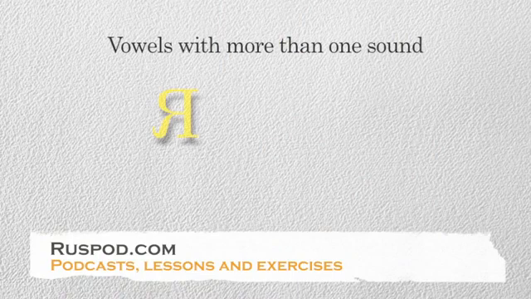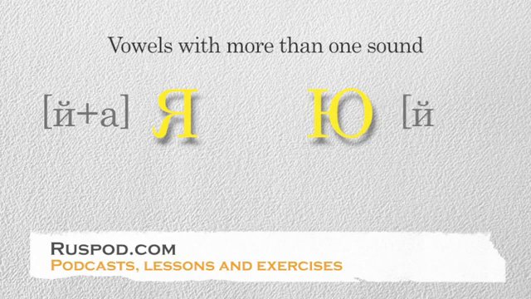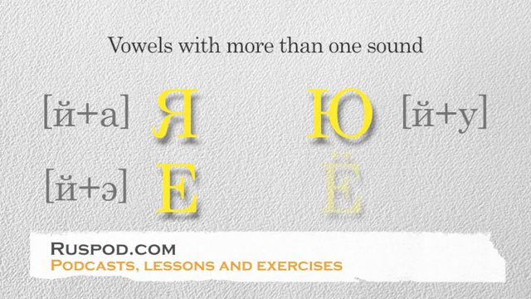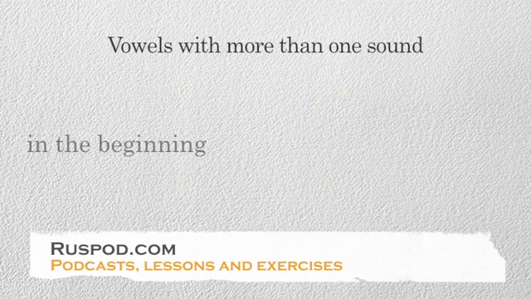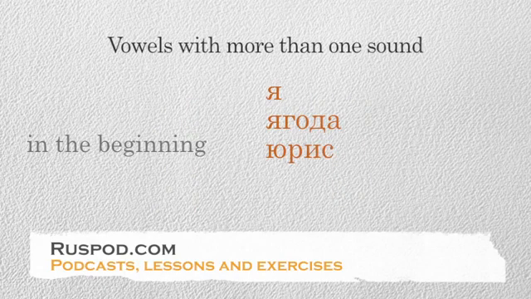Я, these are 2 sounds y, a, ya, ю, y, u, you, е, y, e, ye, ё, yo. Again 2 sounds y or yo. For example, this happens in the beginning of the words. Я, Ягода, юрист, еда, ёлка.